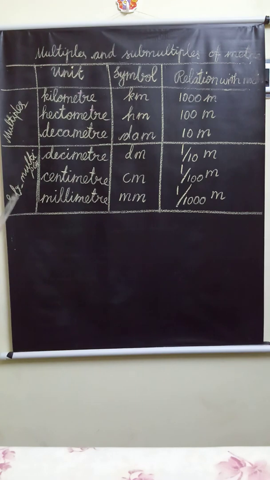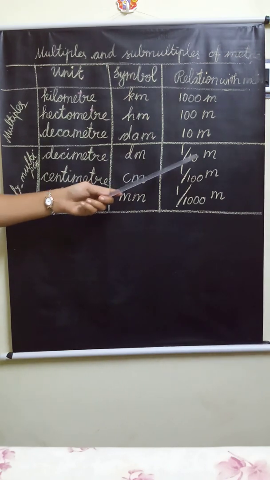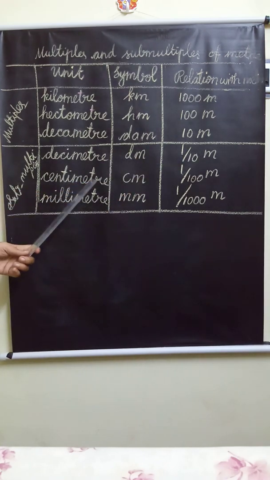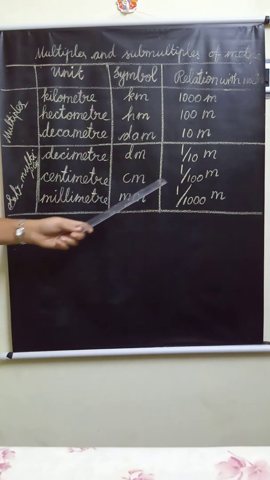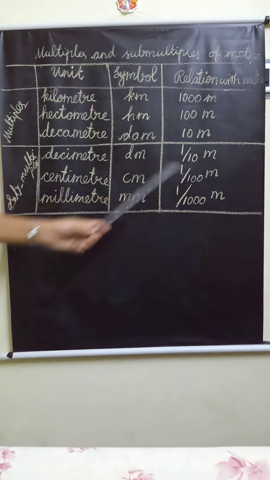Next are the sub-multiples. Next is decimeter. What is the symbol of decimeter? dm. 1 decimeter is equal to 1 by 10 meter. Next is centimeter. The symbol of centimeter is cm. 1 centimeter is equal to 1 by 100 meter.